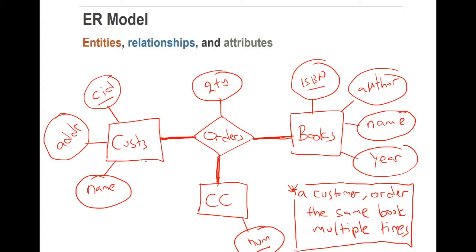If instead of this, I have a credit card as an attribute of a customer, then this restriction is even worse, because a customer cannot even order the same book multiple times. Okay, so there are things that you may need to consider further once you have your first draft of an ER diagram.